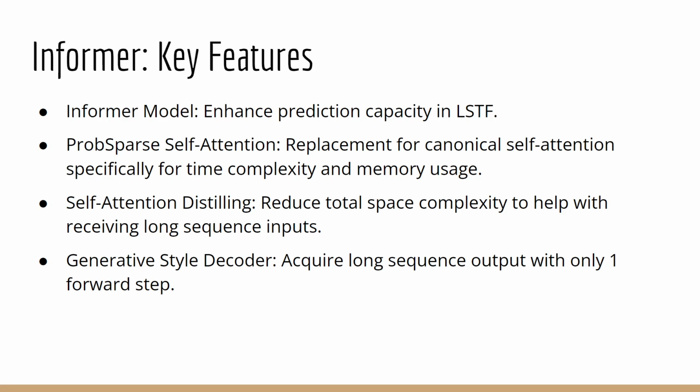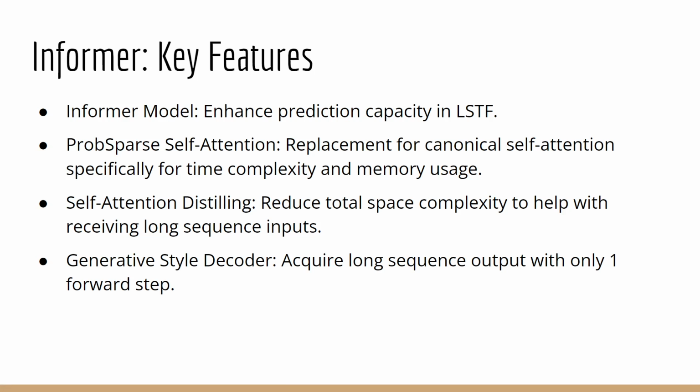To start, the Informer model is able to enhance the prediction capacity in long sequence time series forecasting. It is able to capture individual long-range dependencies between outputs and inputs.